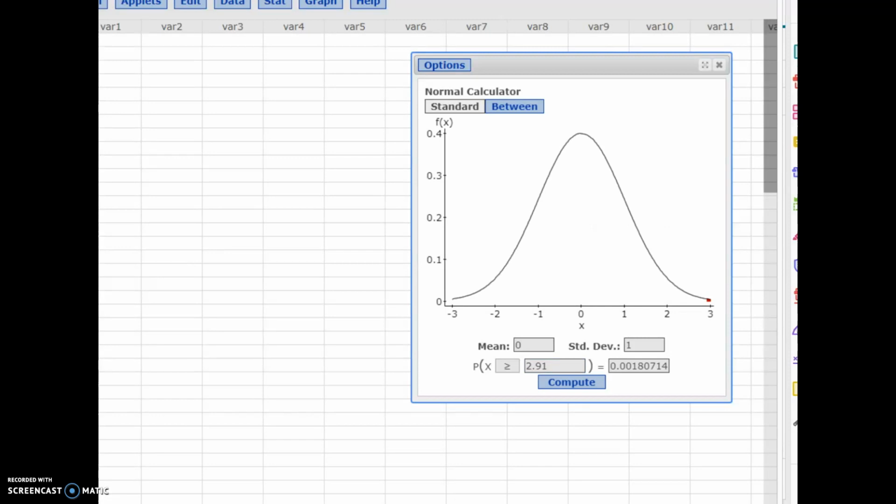Which is just giving us this, you can barely see it, but it's this little bit of area over here, the 0.0018. Now, because it's two-tailed, I not only have that area, but I should have the same area over here. So I need to double this probability. So it's going to be 0.0018 times 2.